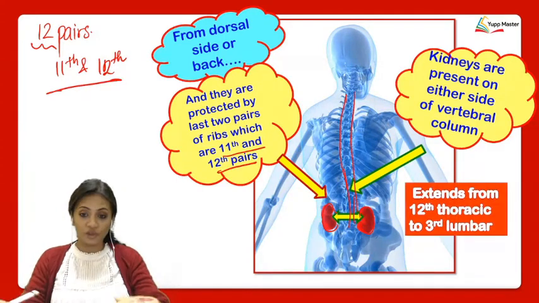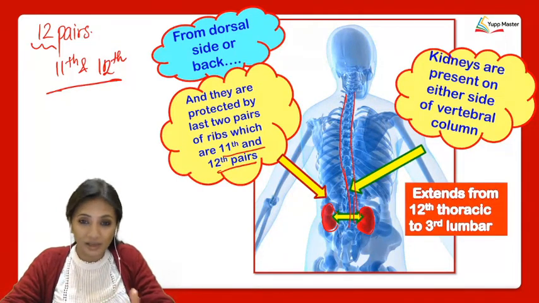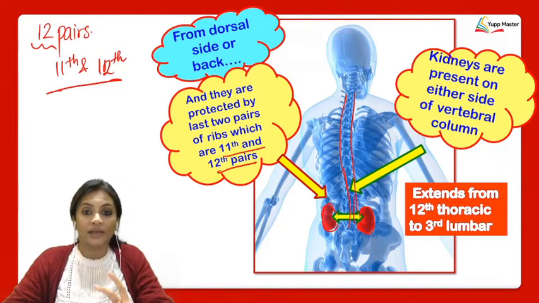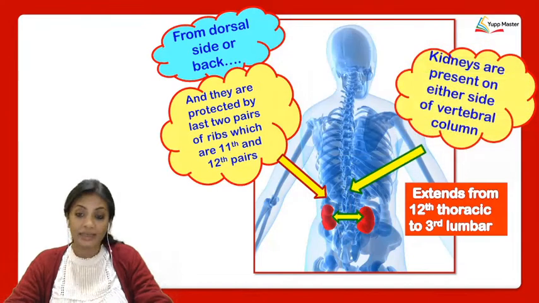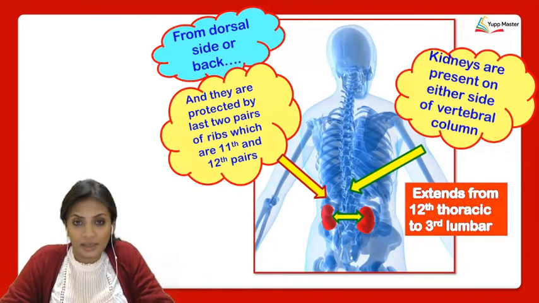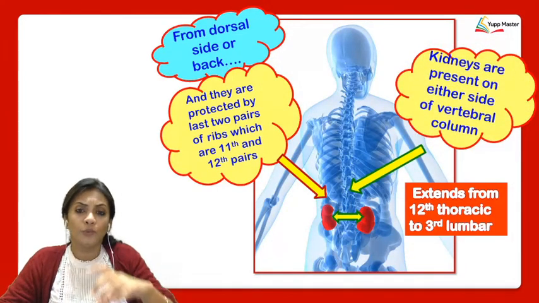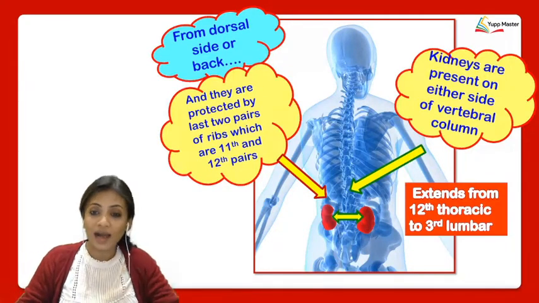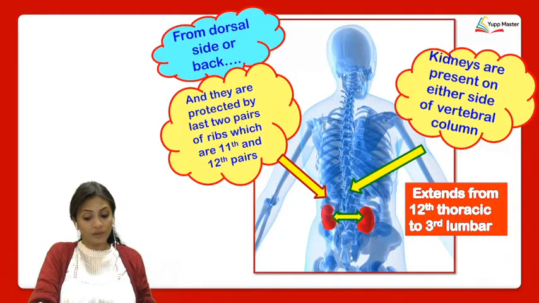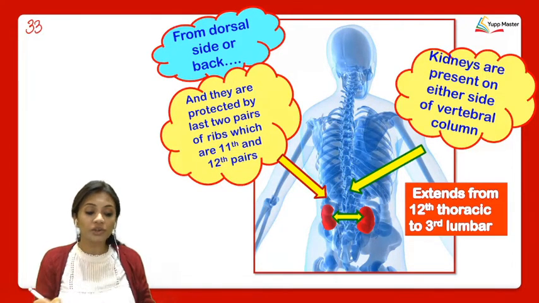Also, we see that the kidneys, where are they starting exactly? When we talk about the exact positioning of the kidneys, we can tell this according to which vertebrae they are aligned with. We all know that there are a total of 33 vertebrae.